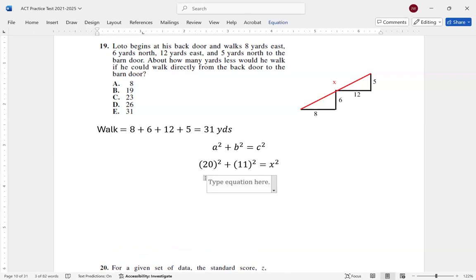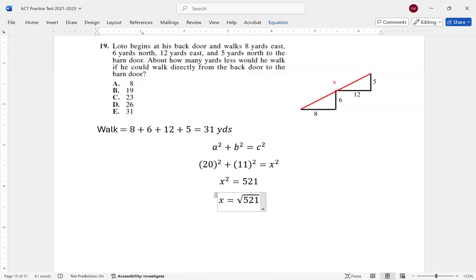When I do the calculations, x squared is going to be 521. So x is going to be the square root of 521, which is an irrational number, approximately 22.83 yards.